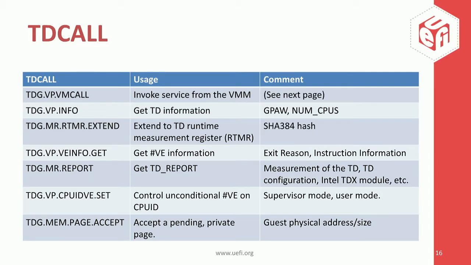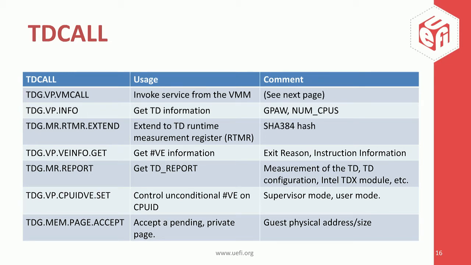Second, TDCALL VP.INFO is to get the TD information. For example, the GPAW is returned in RCX and the vCPU number is returned in R8. The third, RTMR extend, is to extend the TD runtime measurement register, RTMR. The RTMR is very similar to the TPM PCR register.